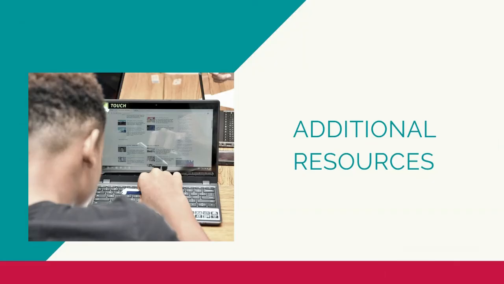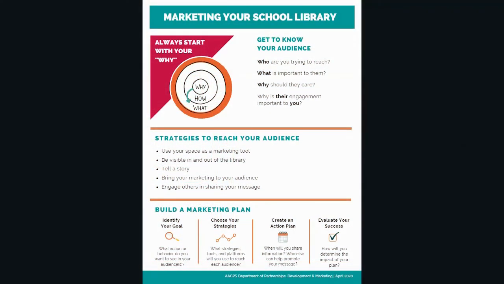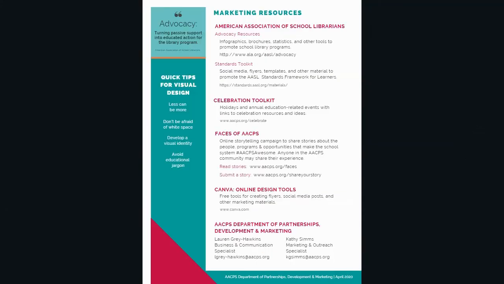Before we finish today, I wanted to leave you with a few additional resources that you can use as you get started to market your school library. I've included a reference handout with this presentation that gives a really quick overview of the key ideas that we discussed today. On the back of the sheet, you'll find free resources that you can use when marketing your school library program.